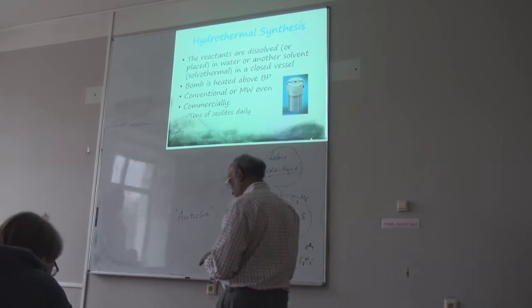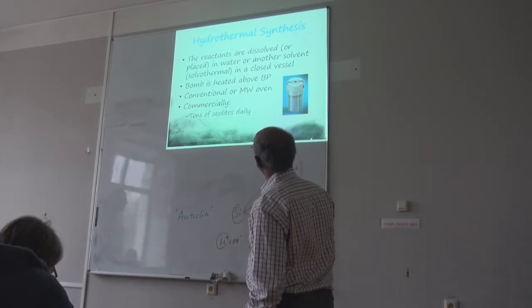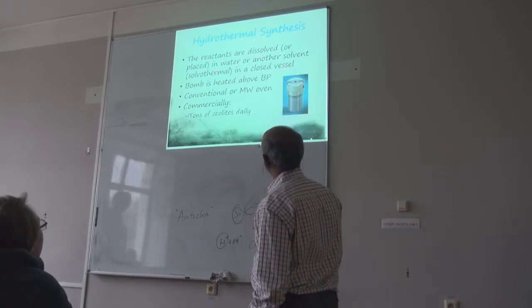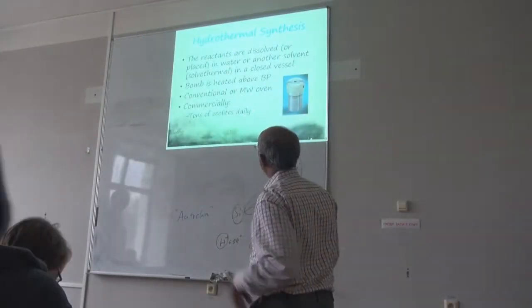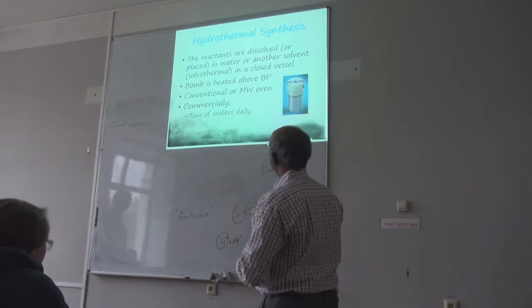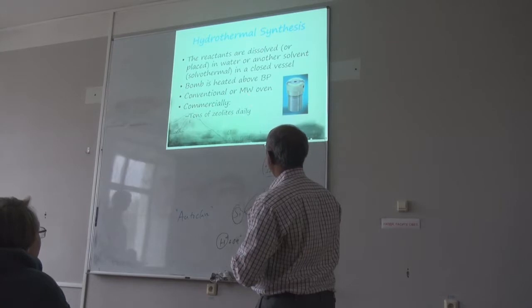Sometimes people call it a bomb. So basically, you put in the reactants dissolved in whatever solvent, close the vessel, then heat it to above the boiling point. You have to boil it. Then you can use a typical oven or even a microwave oven.